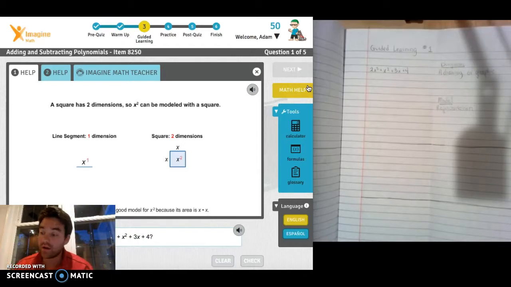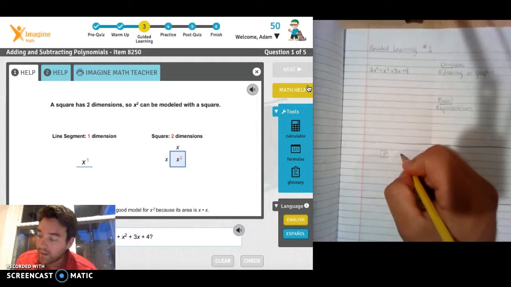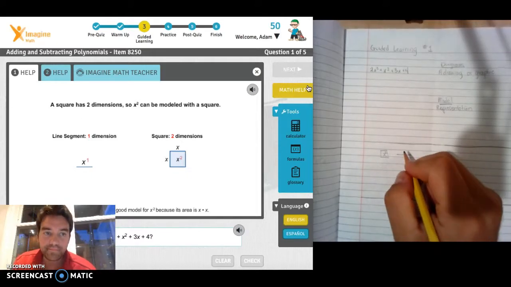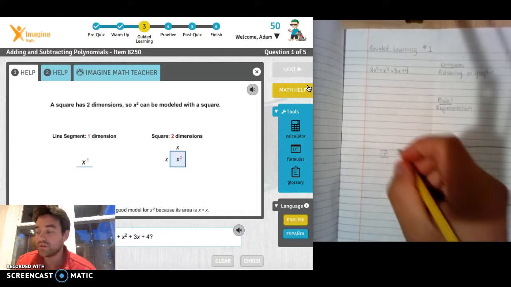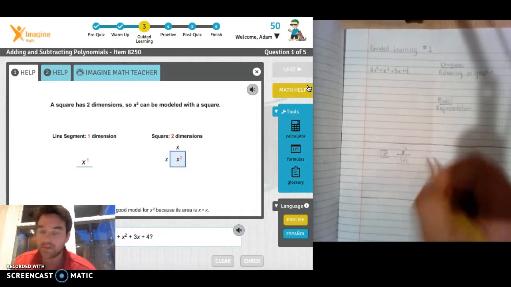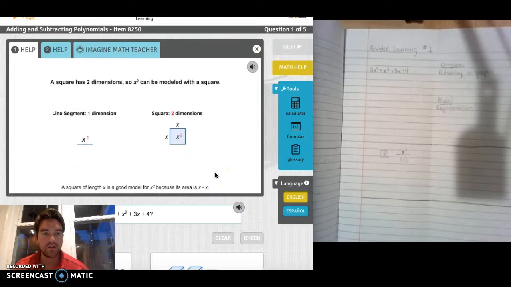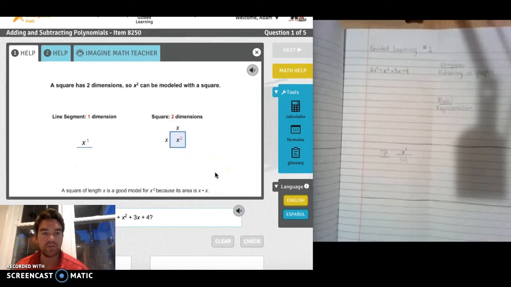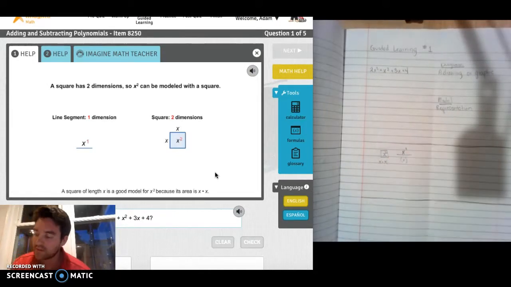So I know that a square is going to be x squared, and a line is going to be x to the first, which is also known as just x. At the bottom, in case you can't see, it says a square of length x is a good model for x squared because it is x times x. Oh, so this is saying it's x times x. All right.